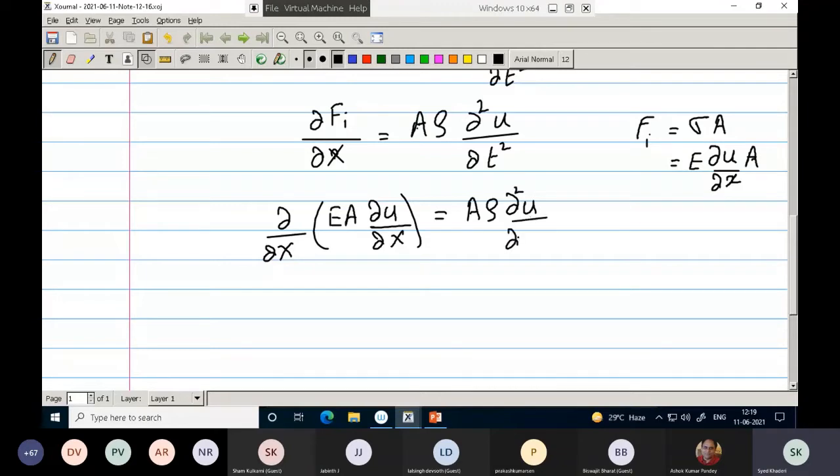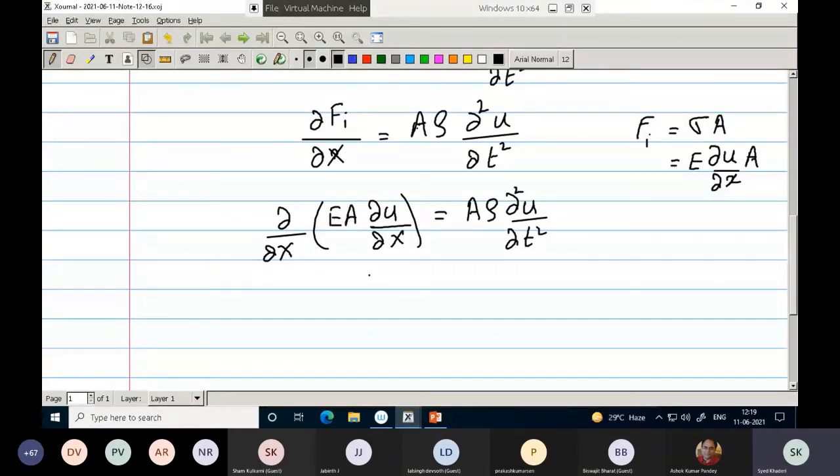This is valid for all points in the bar. Now we assume that the material is uniform, so that the elastic modulus is constant, and we assume the geometry is uniform, so the area is constant.